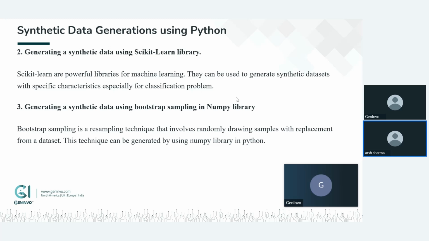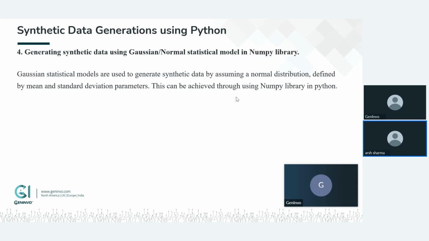Next is creating synthetic data using bootstrap sampling in the NumPy library, which we have been using. Bootstrap sampling is a resampling technique that involves randomly drawing samples with replacement from a dataset. This technique can be implemented using the NumPy library in Python.